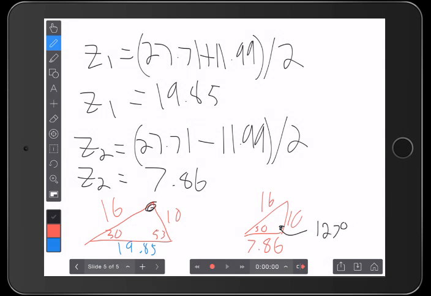And then we can figure out those two missing angles right there simply by subtracting, in this case, 30 and 53 from 180, or 30 and 127.